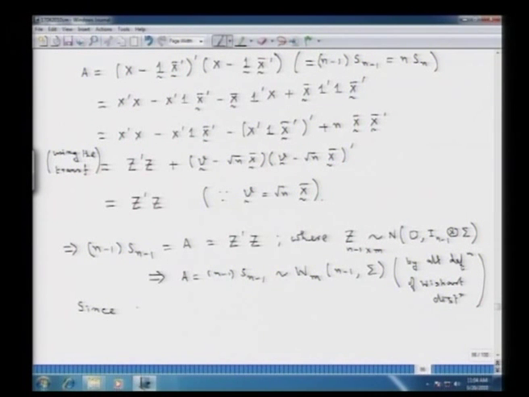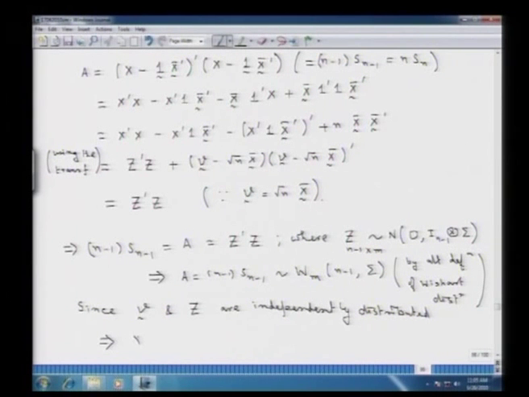Since V and Z are independently distributed, and x bar is coming from V and A is coming from Z, x bar and A are going to be independent.